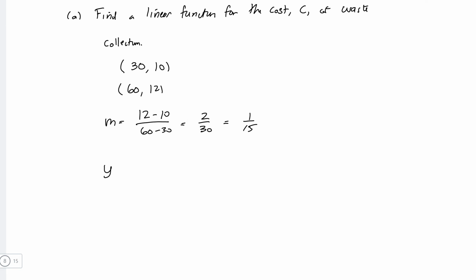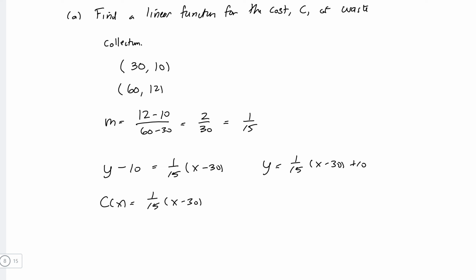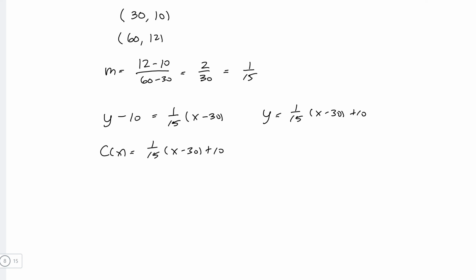Now for my line, I can use either point, so I'll use the first one. Solving for y, y is equal to 1 over 15 times (x minus 30) plus 10. So my cost function in terms of x is 1 over 15 times (x minus 30) plus 10.